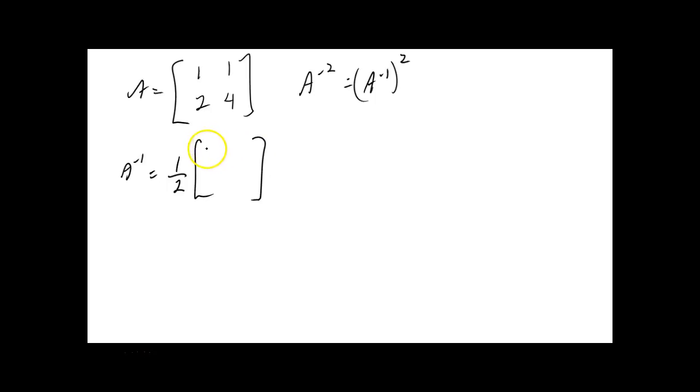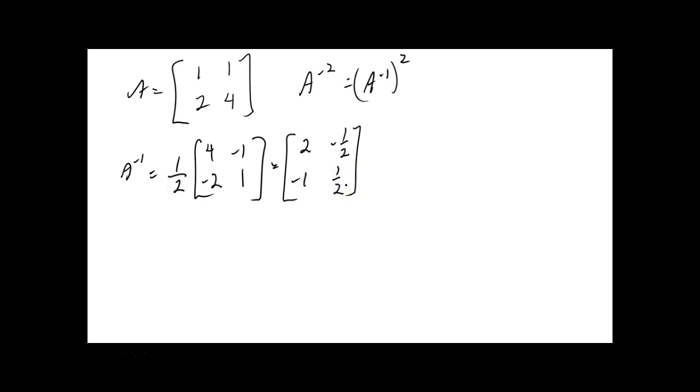Switch A and D, so you get 4 and 1. 4, 1. And opposite signs for B and C, so you get negative 1 and negative 2. Okay, now multiply by 1/2, and what do you get? 2, negative 1/2, negative 1, and 1/2.